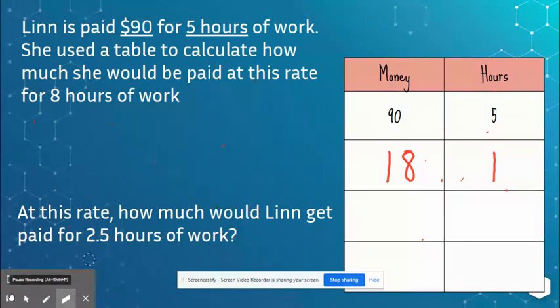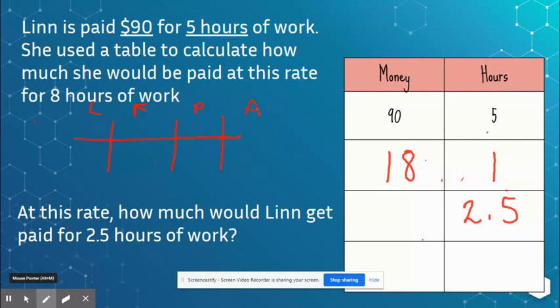All right, so I'm going to put that on my chart. We are trying to find how much for 2.5 hours of work. So we're going to draw our table. And remember, we have label, facts, process, and then answer.